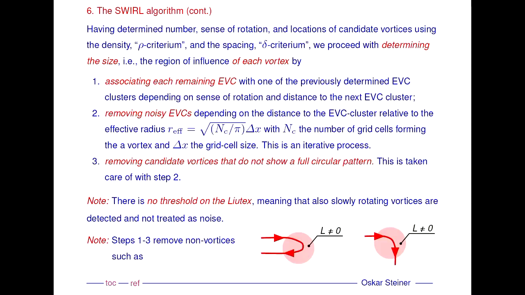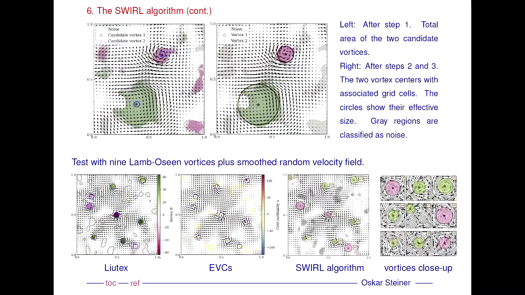This is unavoidable. I cannot go into the details here. In any way, these steps also take care of situations like this, which are not vortices, which however would give a non-vanishing Liutex. But we cannot consider this or this flow a vortex, and these steps also approximately take care of such cases to remove them.